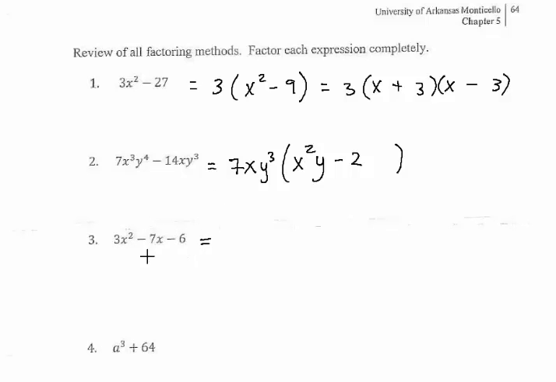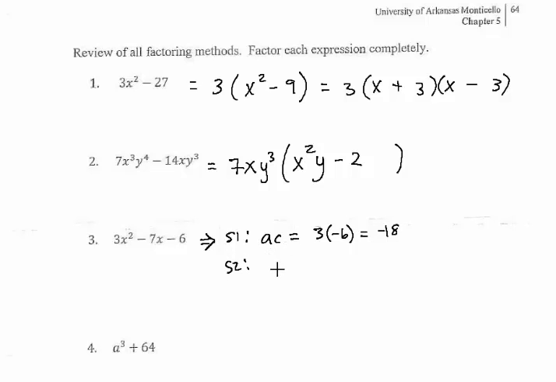Here we have a trinomial, and a is not just 1, and there is no greatest common factor. So what we need to do is, I'll put an arrow here. Step 1, write down AC. A times C, 3 times negative 6 equals negative 18.